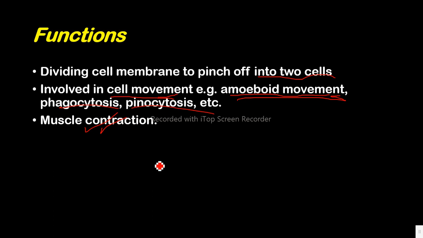We have the sliding filament model of muscle contraction, and can we talk about it now? Or it might be a long process. But the actin filaments, which we have seen, are the ones which slide over each other to bring about the muscle to contract, to reduce in size, hence contracting.